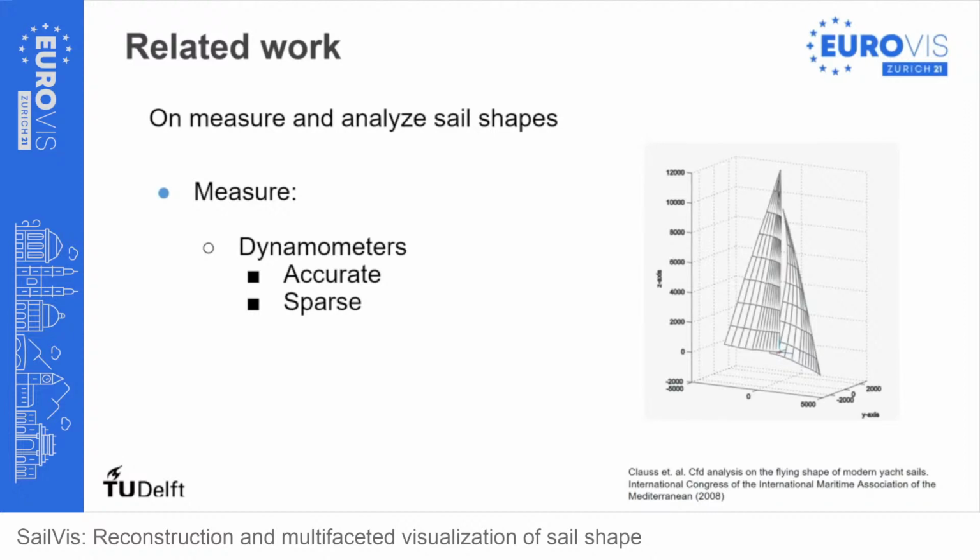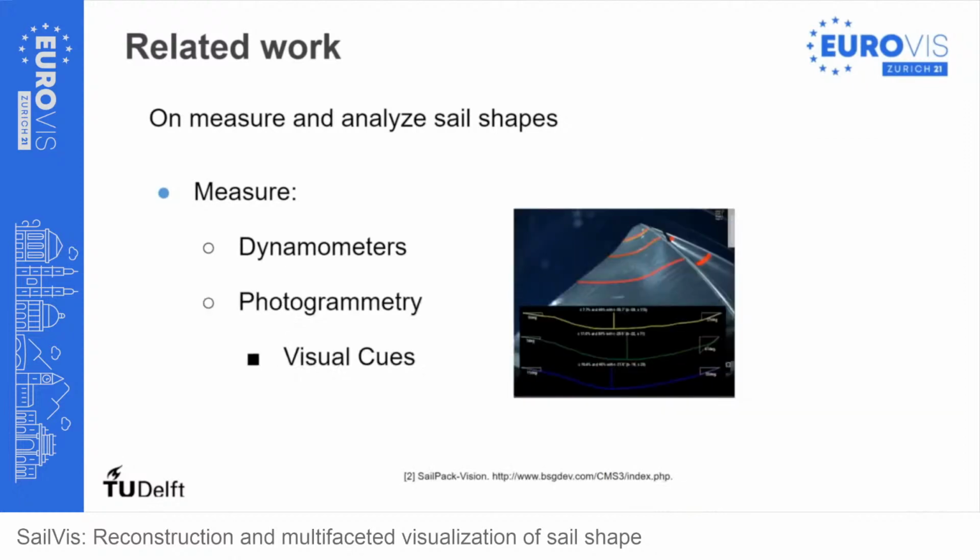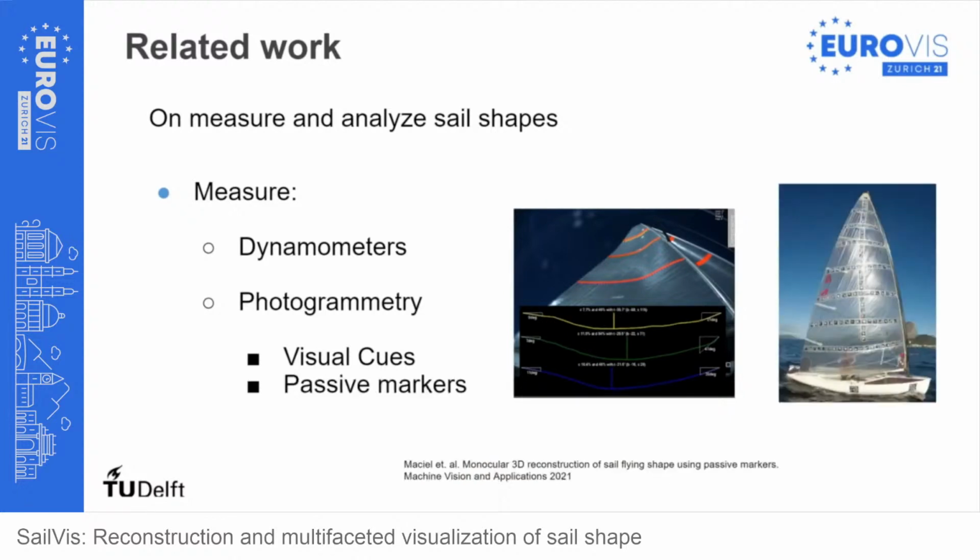Using the dynamometer provides an accurate but sparse reconstruction, as shown in the image of the reconstructed sail model from the DYNA dynamometer boat. The other trend is based on photogrammetry, by detecting visual cues with high contrast, like sail stripes, to retrieve the curvature along these stripes, or by attaching plastic markers on the sail cloth to retrieve a complete sail shape.